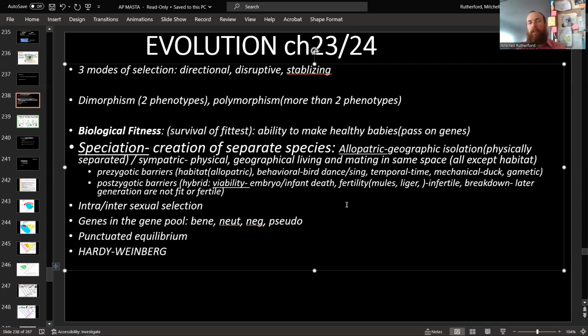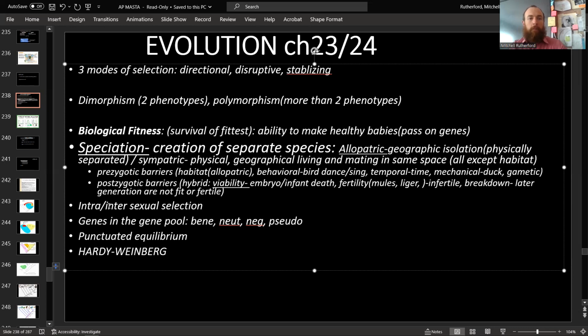So maybe we can mate a lion and a tiger, and then the liger can mate with other ligers or lions and tigers, but eventually down the line, it doesn't work. Like the next generation dies, or the generation after that dies. And this we can kind of see is like, all right, listen, they're just starting to become separate species. And the more we go down through this, we get more and more isolated, and then all of a sudden they're entirely different organisms, and they can't even mate, and that creates the separate species. That's what we have for speciation there.